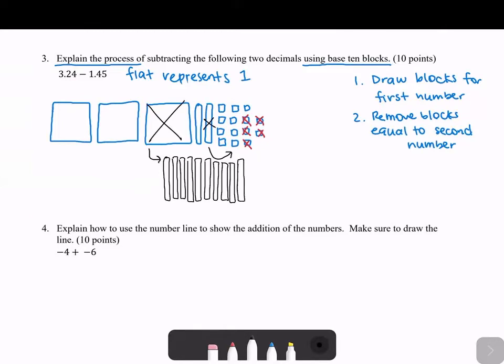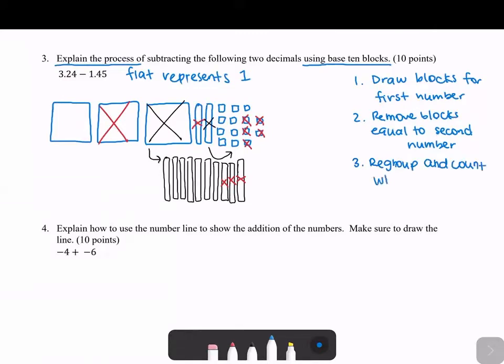So we regroup this into 10 longs, and now we remove 4 of them. So I'm going to remove this one, and then 1, 2, 3. There. And now we need to remove 1 flat. So we're going to remove this one. So the next thing that we do is we regroup and we count what is left.